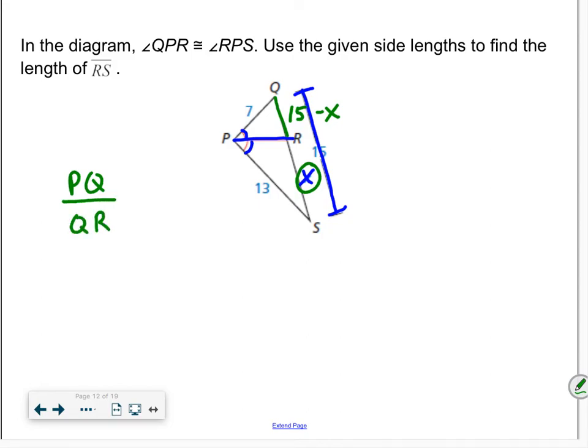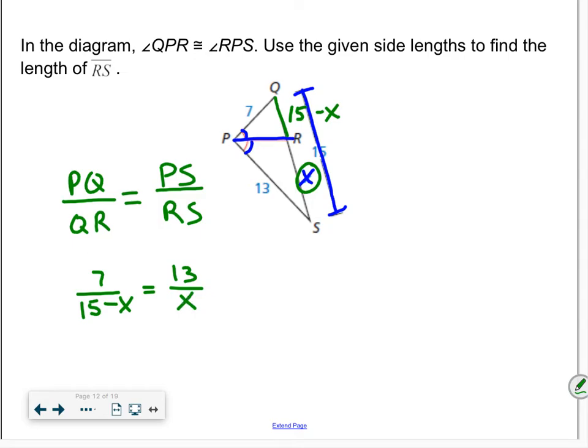And what that would look like is 7 over 15 minus x. And that should be proportional to the other side of this triangle, which is PS, compared to RS, which is what I'm looking for. So that's equal to 13 over x.